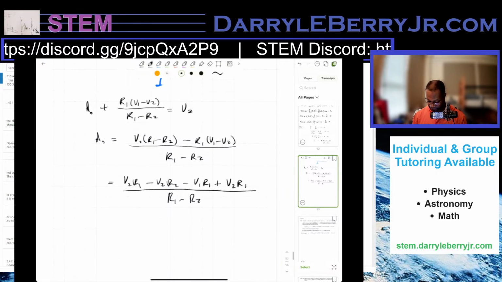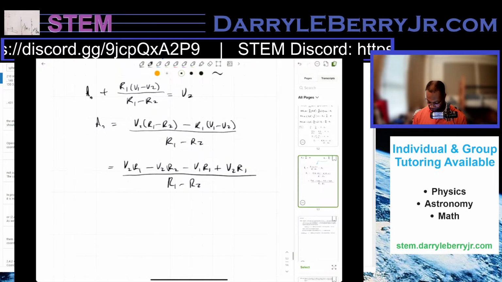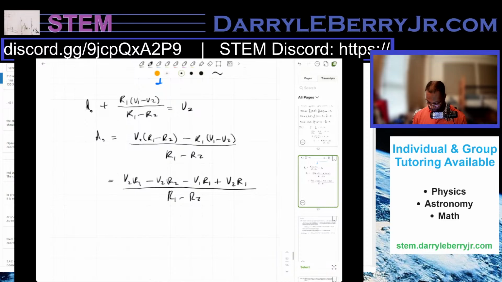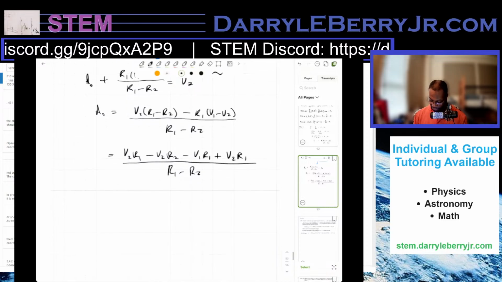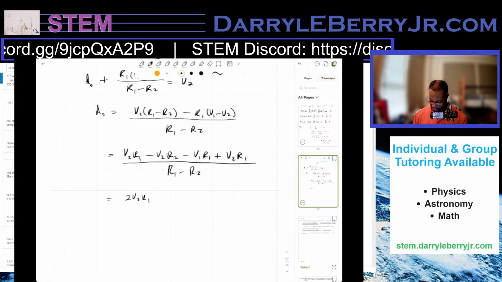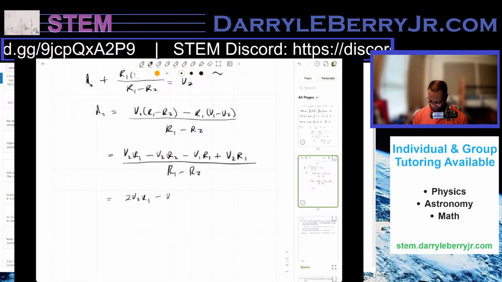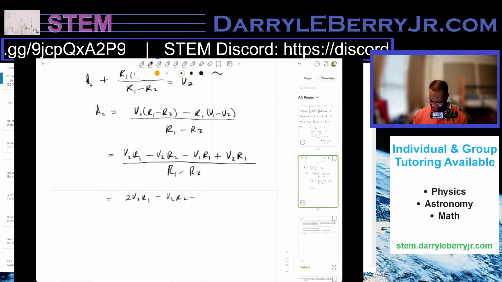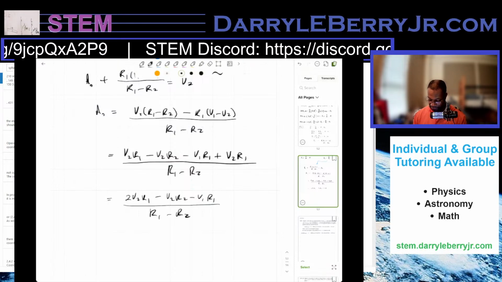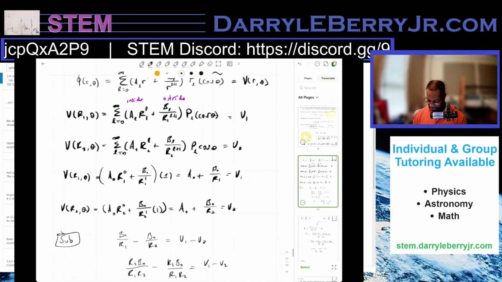But still doesn't simplify quite as neatly. End up getting 2 V2 R1 minus V2 R2 minus V1 R1 over R2.